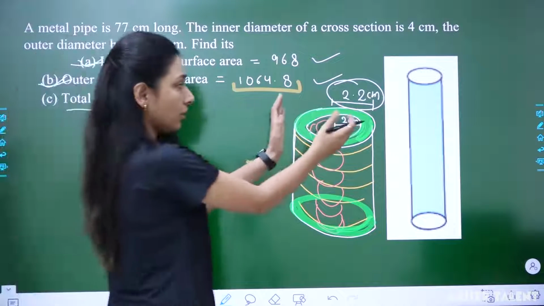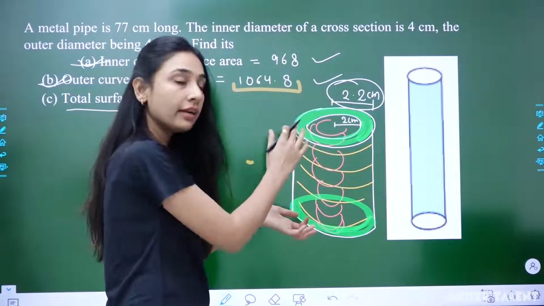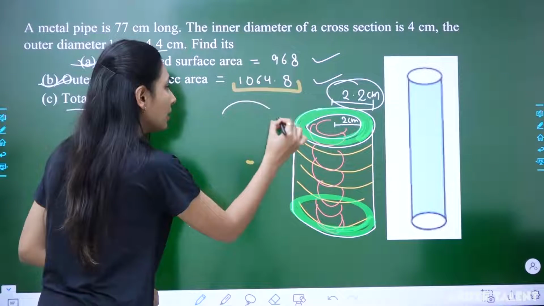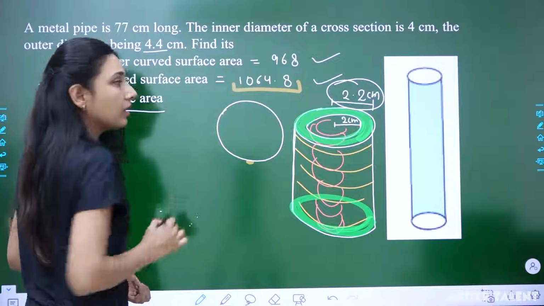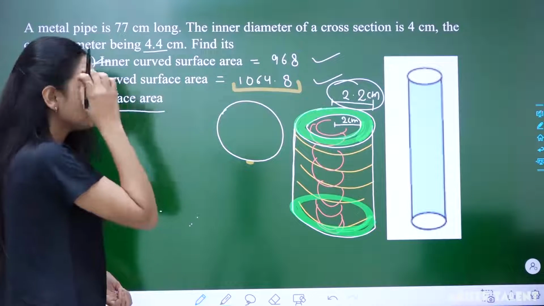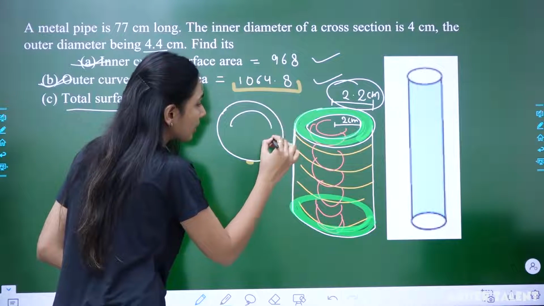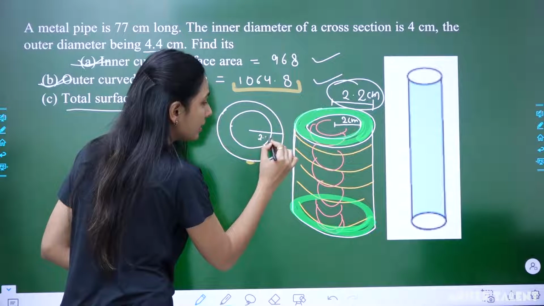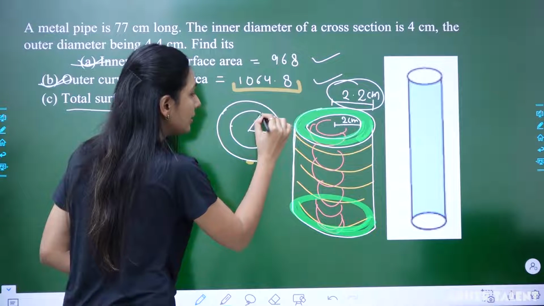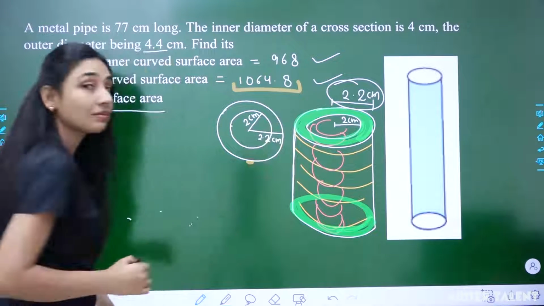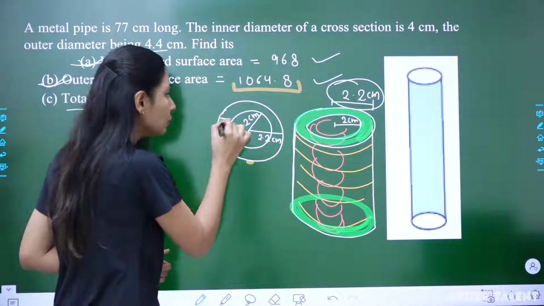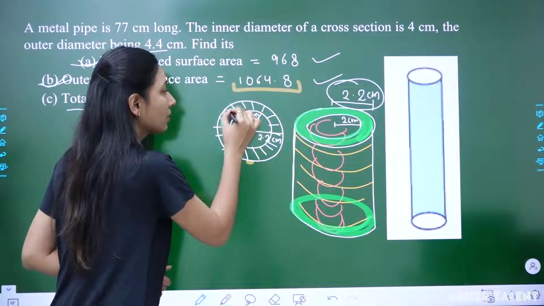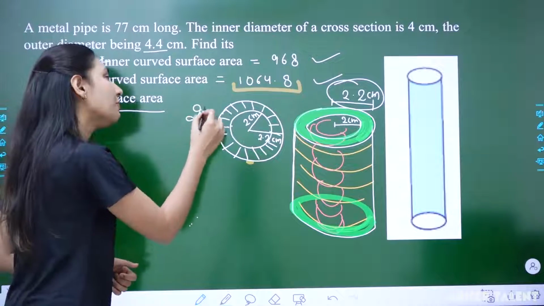Now, if we look at the cylinder from the top, how will it look? It will look something like this: this outer circle and this inner circle. The outer circle has a radius of 2.2 centimeters and the inner circle has a 2 centimeter radius. Now we have to calculate this area and we have to double it. Why double it?